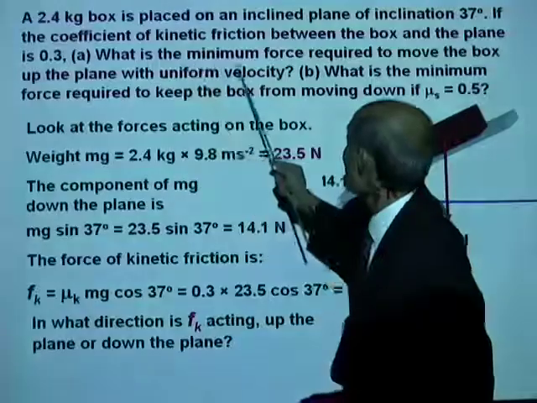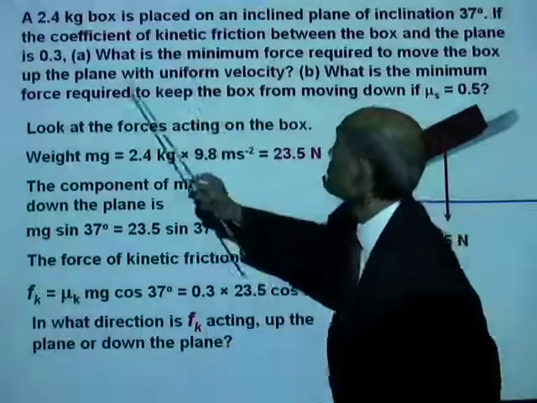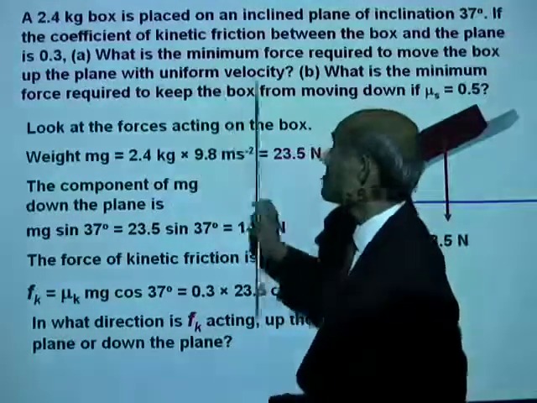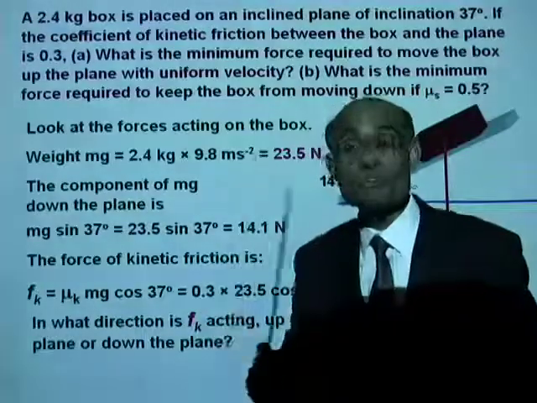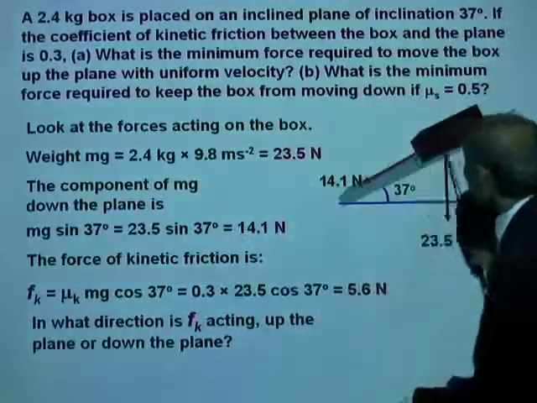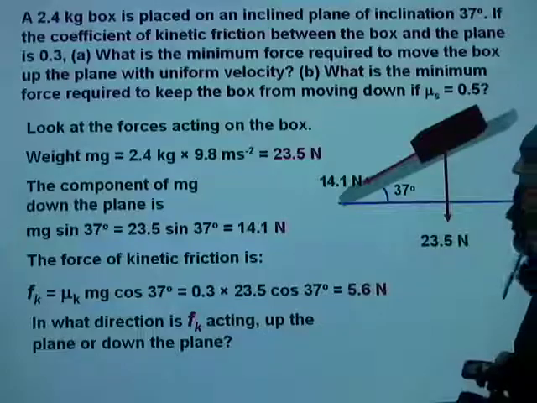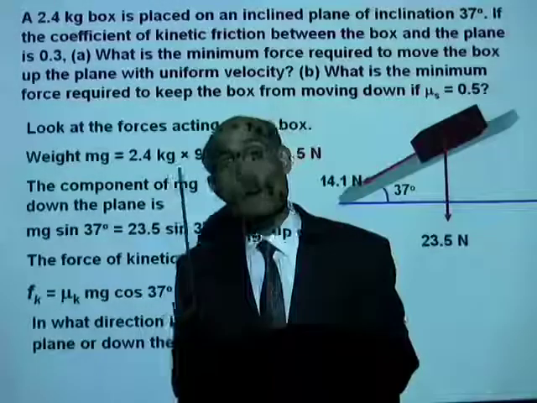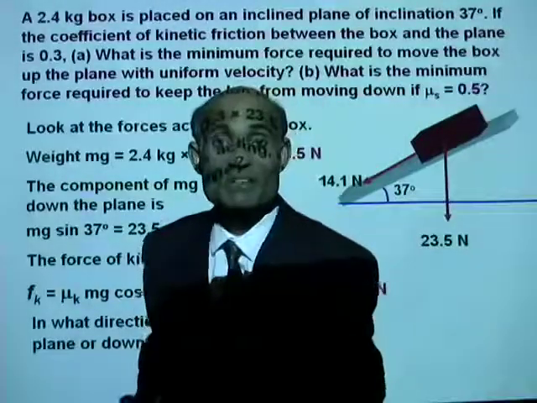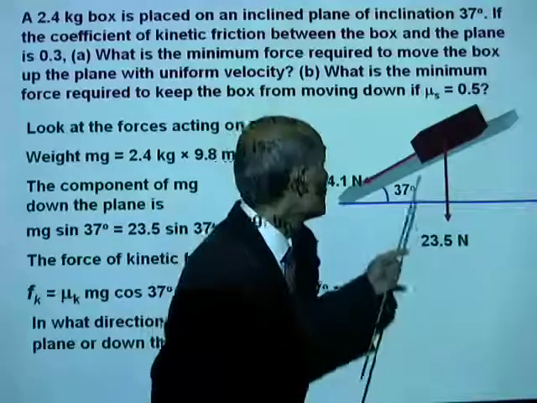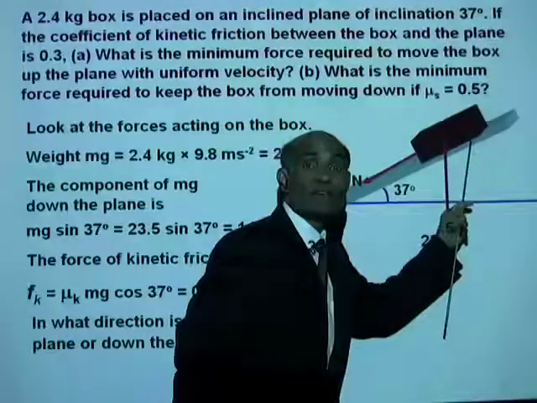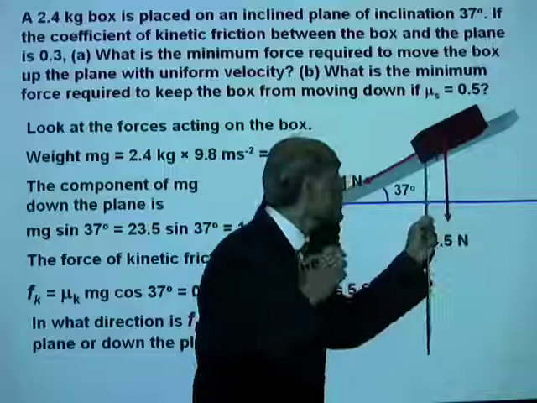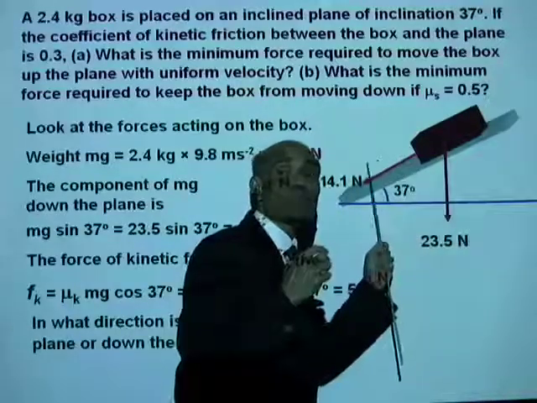What is the minimum force required to move the box up the plane with a uniform velocity? I want to move this box up the plane. So in what direction will the friction be acting? If you want to move the box up the plane, the friction is now going to act down the plane.